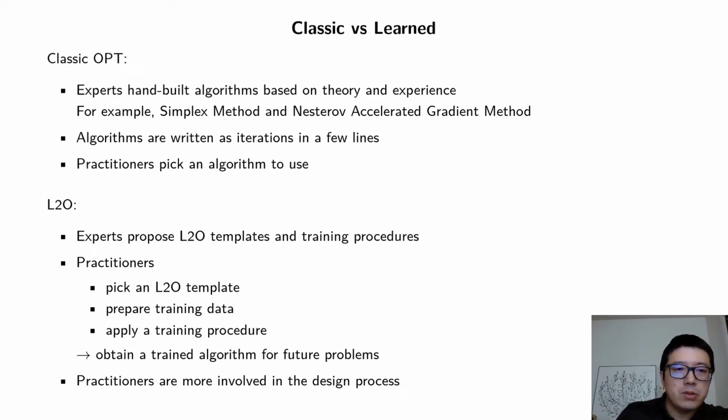The experts only propose learning to optimize templates and the procedure of training the templates. It is the practitioner's task to pick an appropriate template, prepare all the training data, apply the training procedure to obtain a trained algorithm, and then they expect to apply this trained algorithm to future problems that are similar to the training problems.